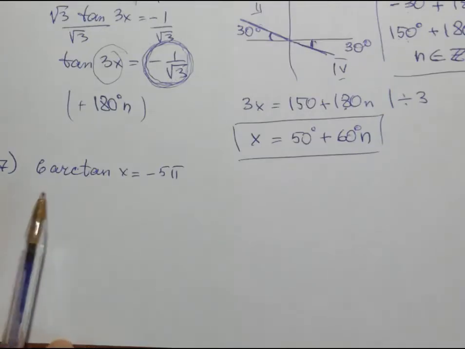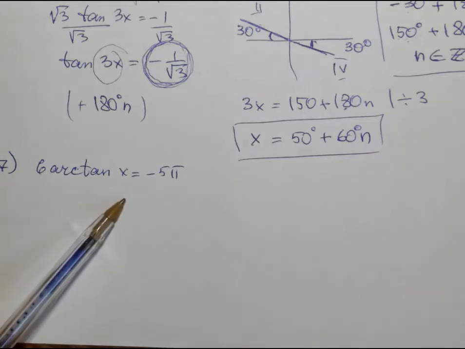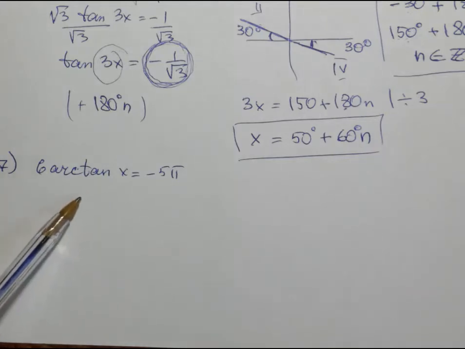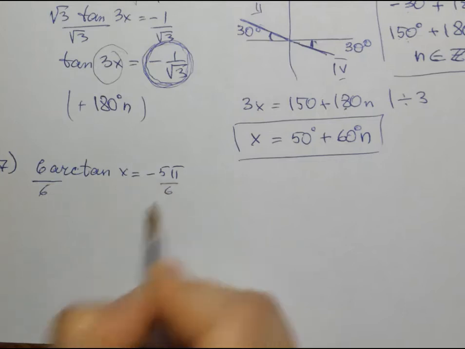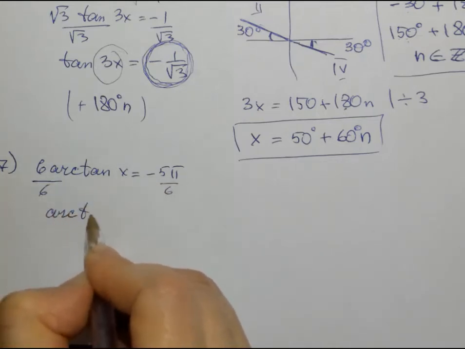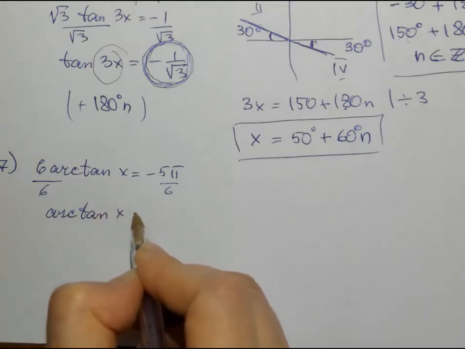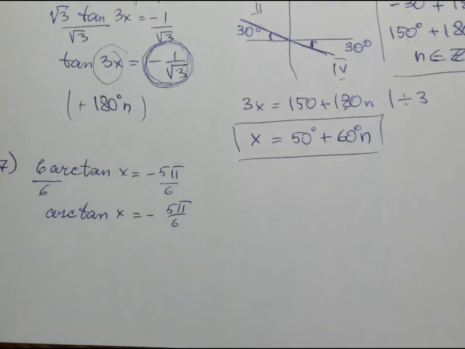The next equation involves arctangent, or inverse tangent, of x. And to solve it, we must first isolate the trigonometric function. So we have to divide by 6 on the left and on the right. Arctan x equals negative 5 pi over 6.